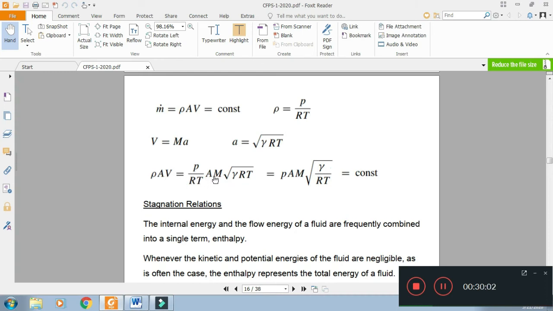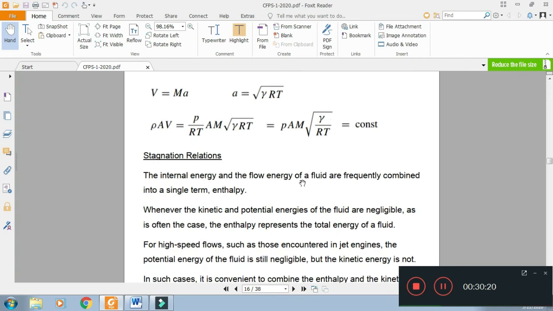V is written as Mach number times square root of gamma RT. So this is constant. The left hand side is basically the mass flow rate, rho AV, and it is written in terms of Mach number and in terms of pressure and temperature, which are more common in calculations when compared to density.